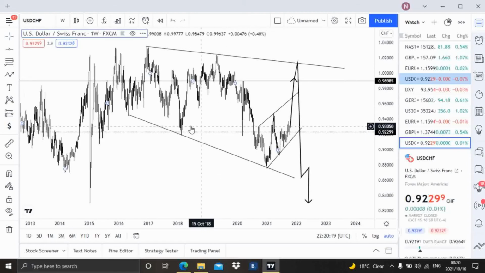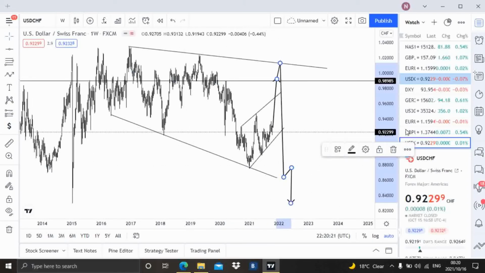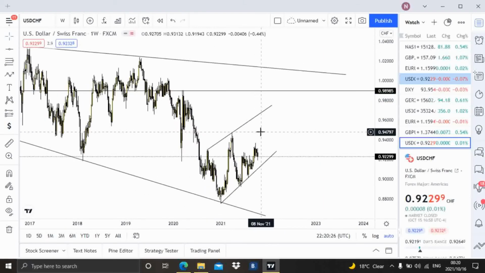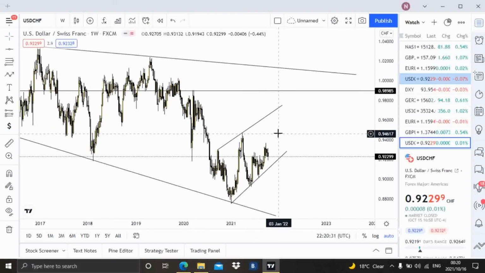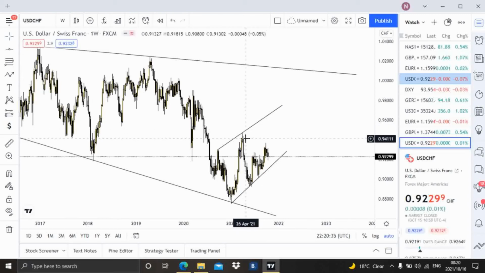Yes, and that's how the Forex trend line strategy works. This is how you can use your trend lines effectively in the market. So guys, please make sure you check out my previous videos, how to identify the trend of the market, how to use trend lines, and how to draw trend lines, and my latest video, how to use support and resistance.